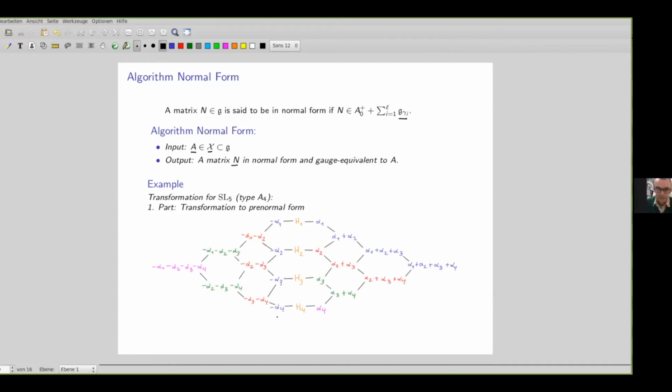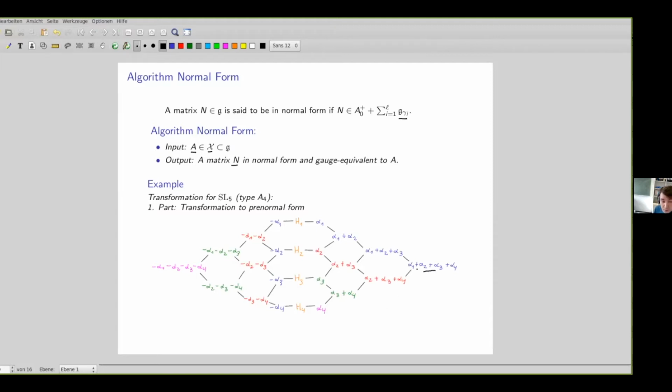Okay, so the first part of the algorithm transforms a matrix A to pre-normal form. I'll say what this means in a second. But first of all, let's have a look how this works. So assume that the highest root here is non-zero.